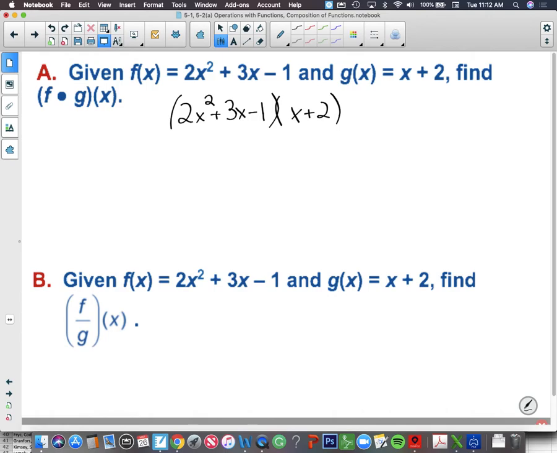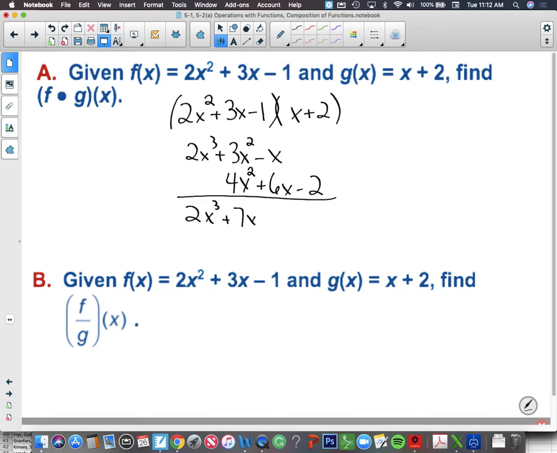Multiply those two together. The x goes through there, and we get 2x cubed plus 3x squared minus an x. Now the 2 goes through there, so that's going to give me 4x squared plus 6x minus 2. Combine like terms: 2x cubed plus 7x squared plus 5x minus 2. That is it.